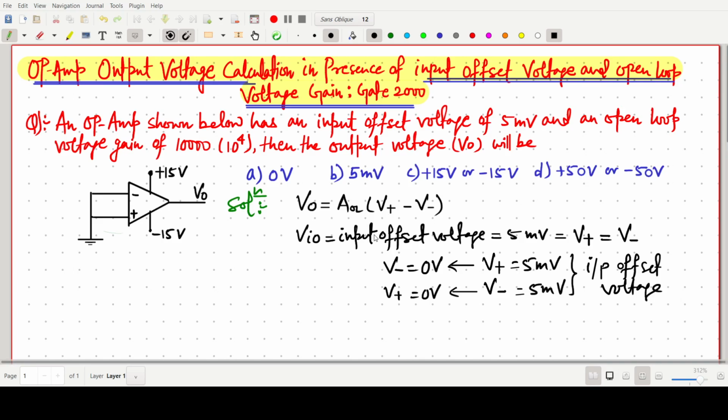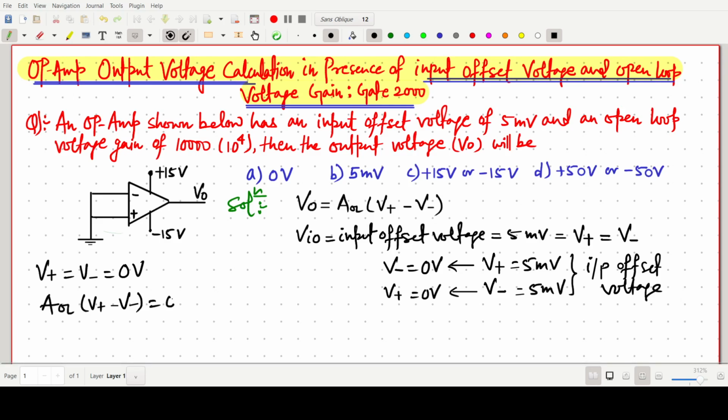So this is the theory. But we cannot say V naught equals V plus minus V minus is zero, because if V plus equals V minus, both grounded here, and if nothing is given, then it should be 0 volt. Then AOL times (V plus minus V minus) will be 0.